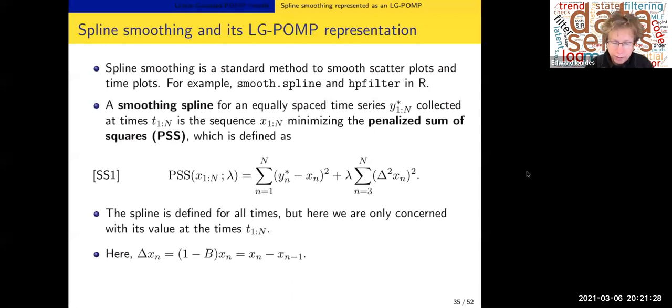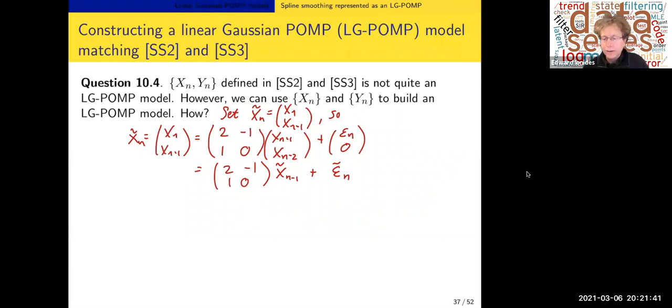And this in turn becomes the matrix (2, -1; 1, 0) times this thing here, which we recognize as x tilde_{n-1}, plus this thing I'm going to call epsilon tilde_n, which is just exactly what it has to be to make everything match.